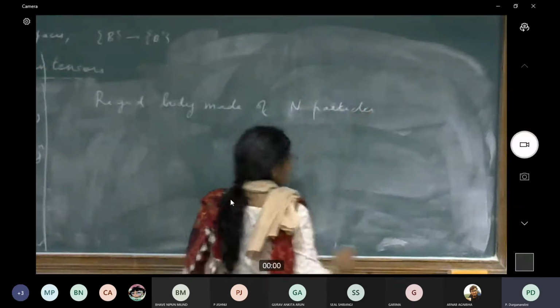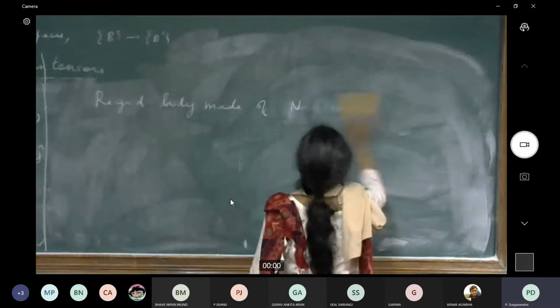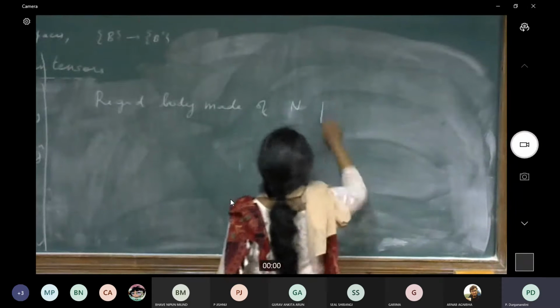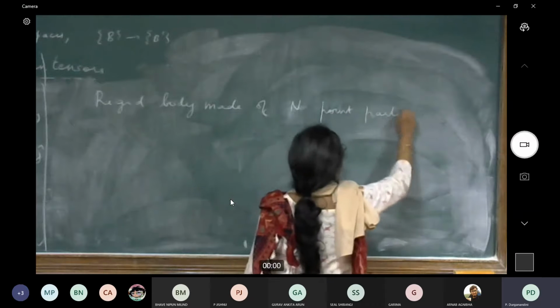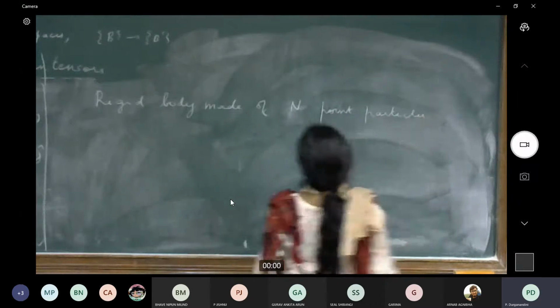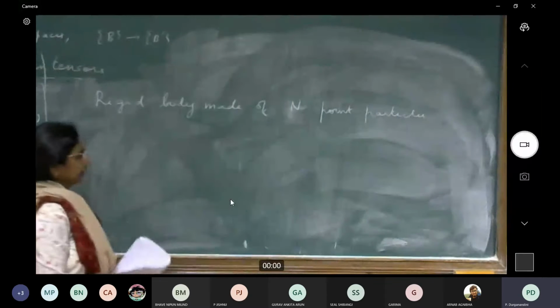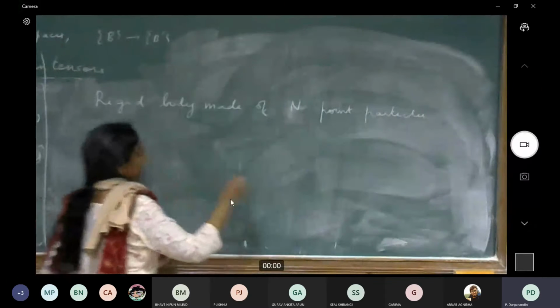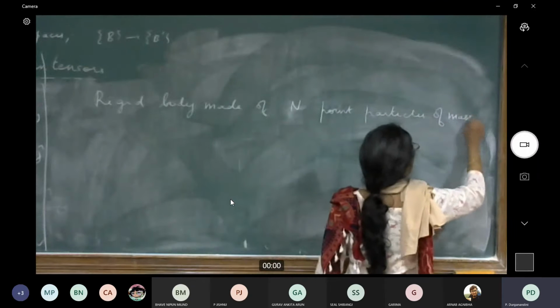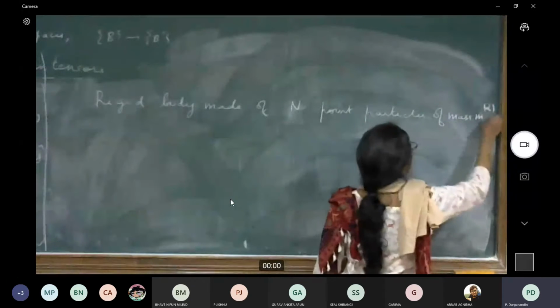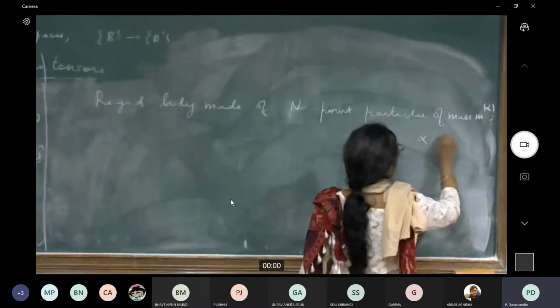And point particles instead. Let us say that each of these point particles has a different mass, and I'm going to label the particles by this alpha, which is 1 to n.